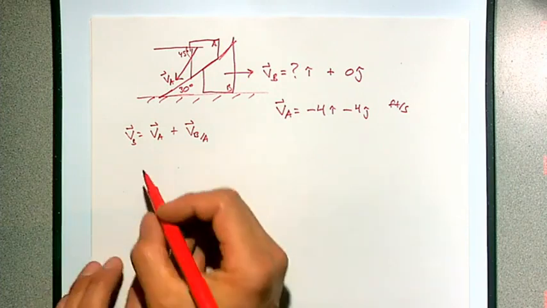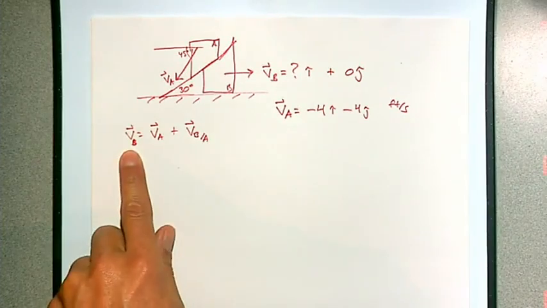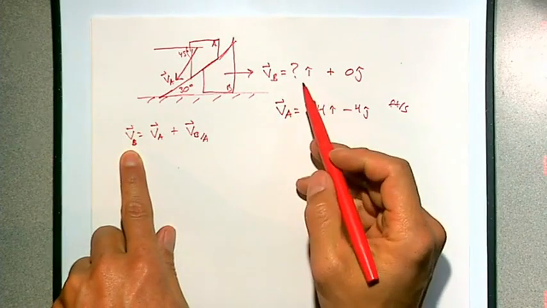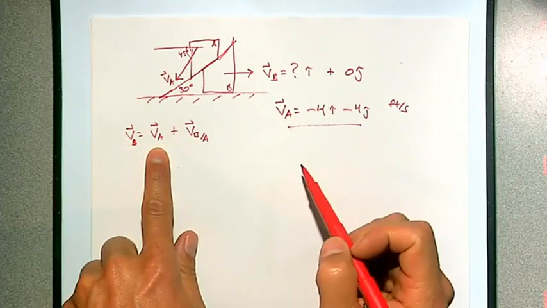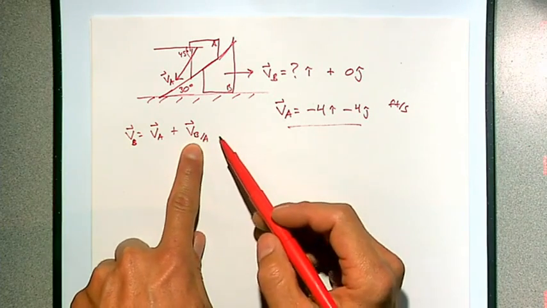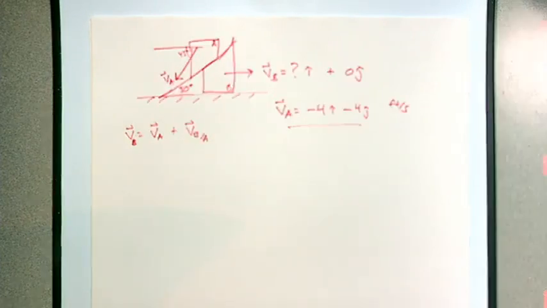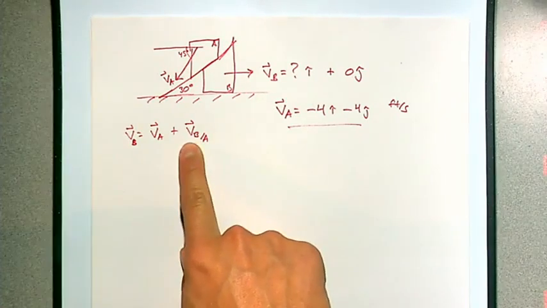So I try to unpack this a little bit and think about what I know. Velocity of B, that's what I'm trying to find out. Velocity of A, got it. Velocity of B relative to A. Okay, so if I held A constant, how would it look like B is moving?